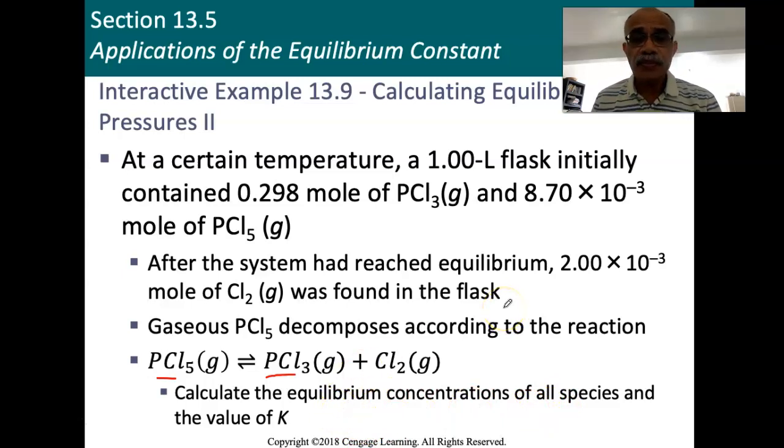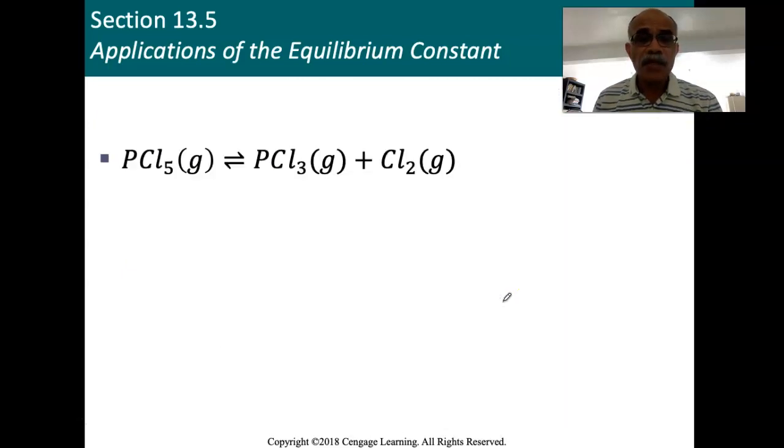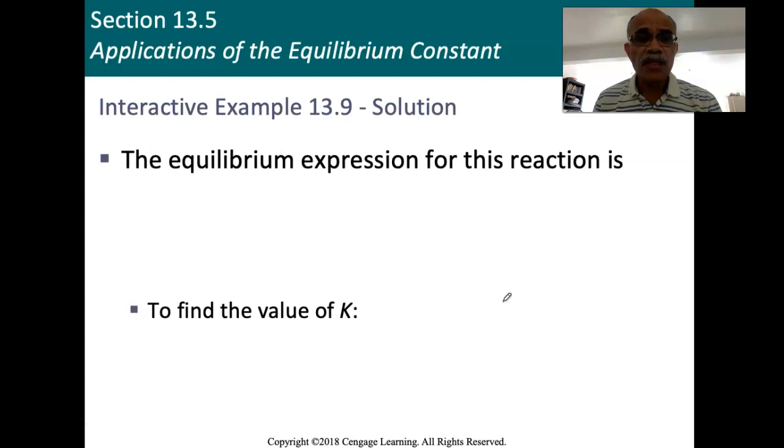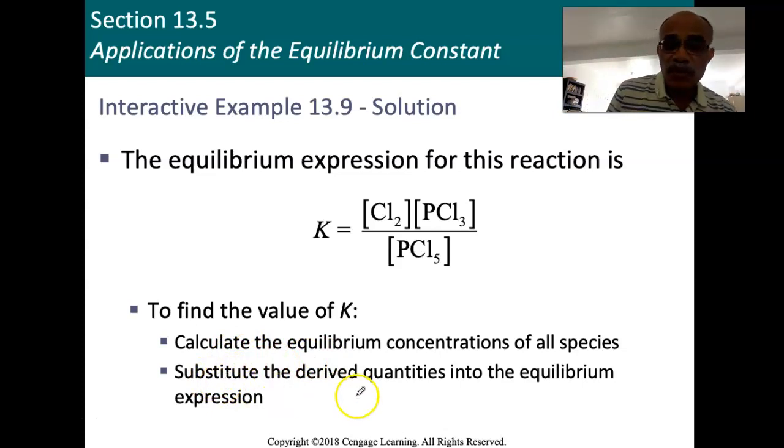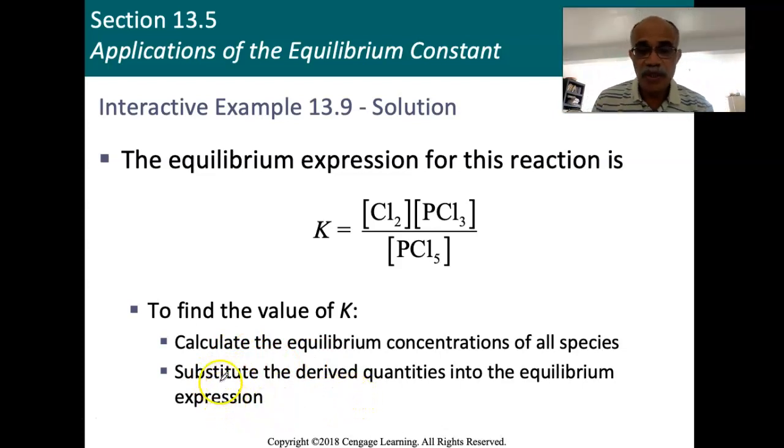So how do we approach this? That is the chemical equation, and let's look at the equilibrium expression. Now to find the value of K, we need to calculate the equilibrium concentrations of all species and substitute the derived quantities into the equilibrium expression.